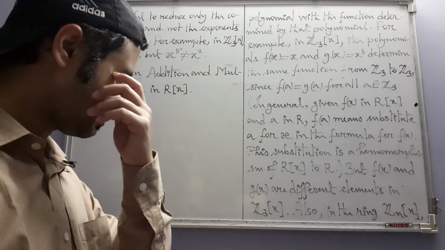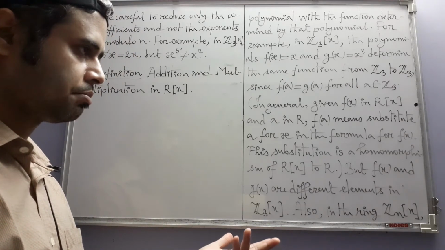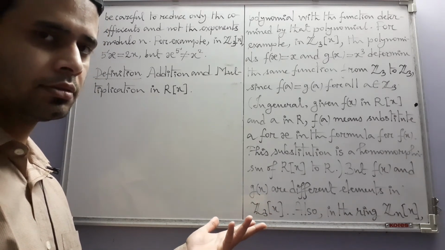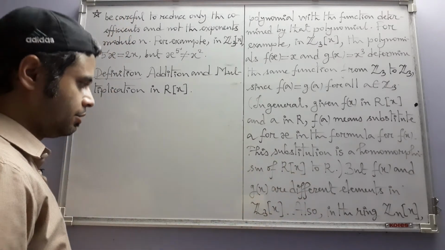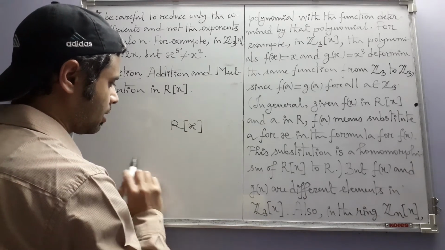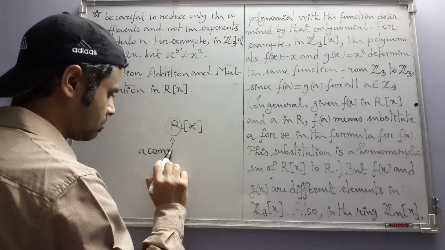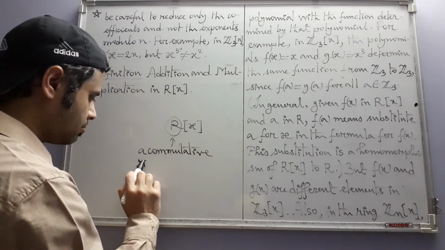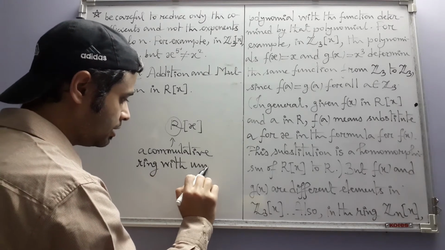Remember, in the beginning I said that there is a slight difference between the polynomial rings that we are seeing here and this type of polynomial rings that we saw in Herstein. The difference is just this. In Herstein, we considered R[x] where R is a commutative ring with unit element.